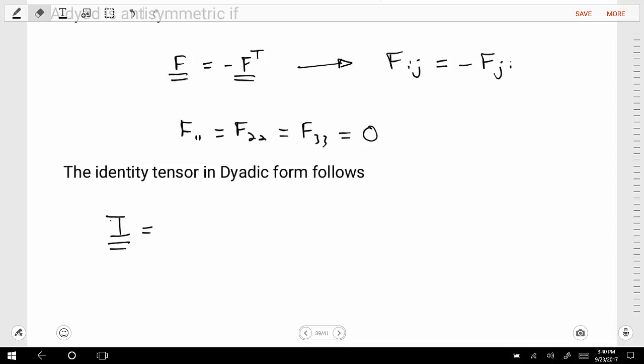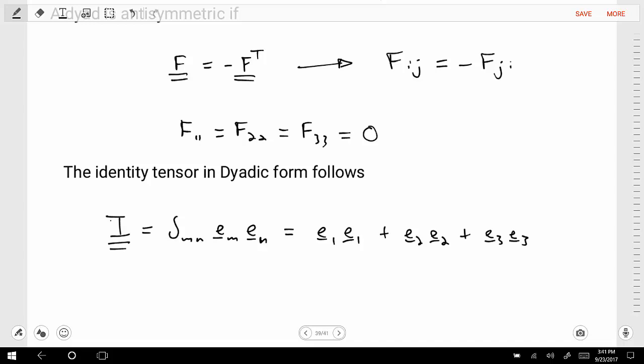Okay, so the identity tensor is equal to the components of the Kronecker delta times the base vector m and the base vector n, which we could then break down, knowing the terms of our Kronecker delta, as base vector 1, 1, base vector 2, 2, and base vector 3, 3.